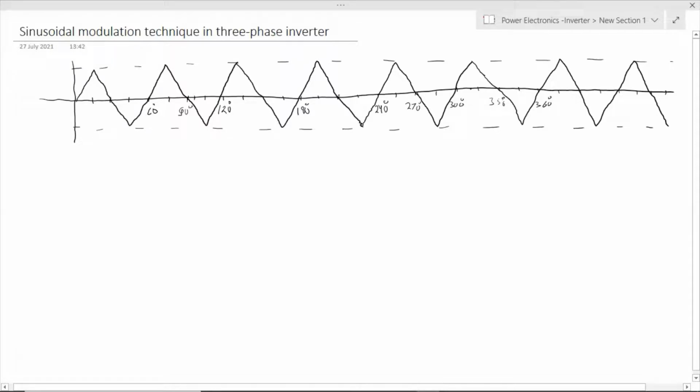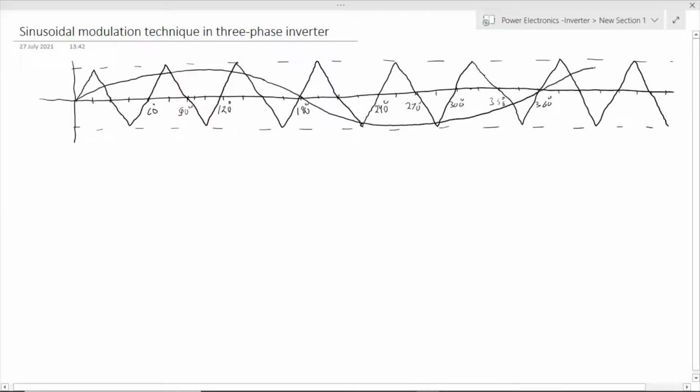So now we can draw a sinusoidal signal. It will be maximum at 90, and then goes on to meet 180, and now again it has to go maximum at 270, and then back to 360.